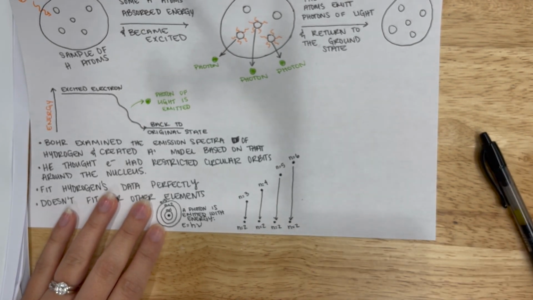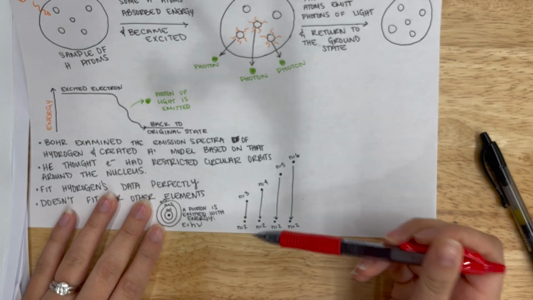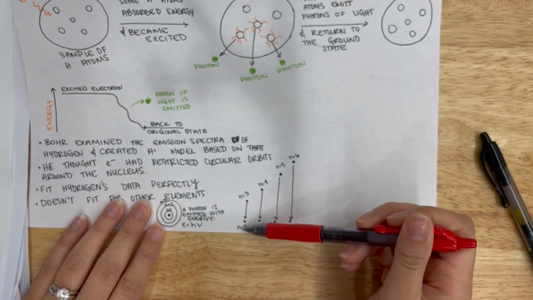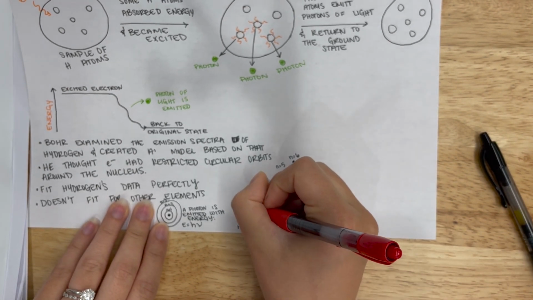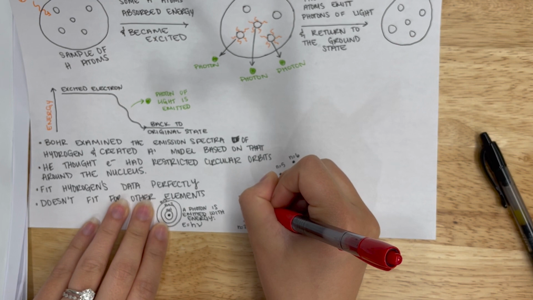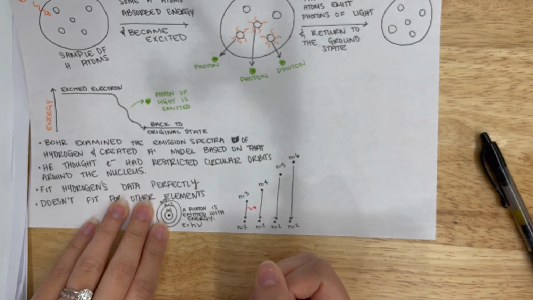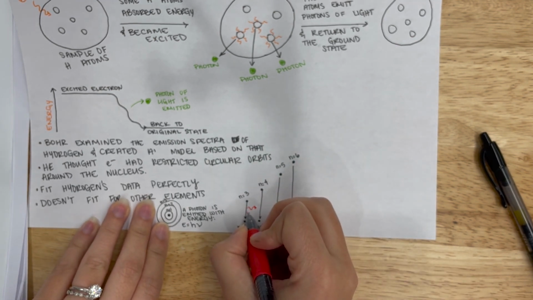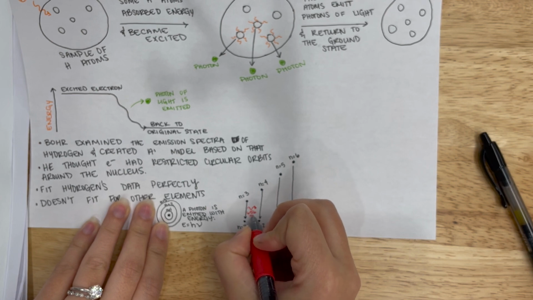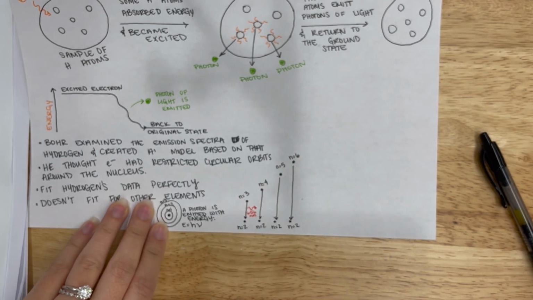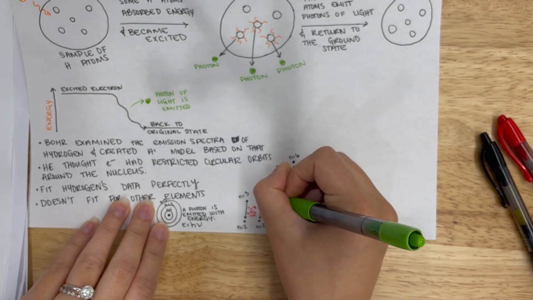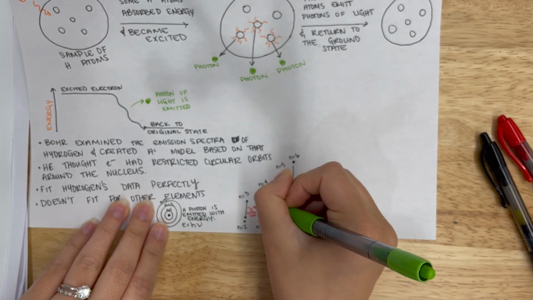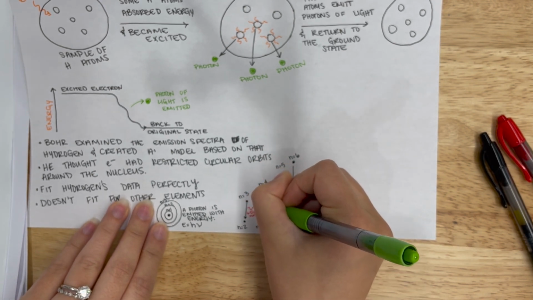So if something makes this jump, right, just jumps up one level from our second level to our third level, when we release that light, it has a wavelength of 656 nanometers, right? So it's red light. If we go from 4 to 2, we release a wavelength of 486 nanometers.